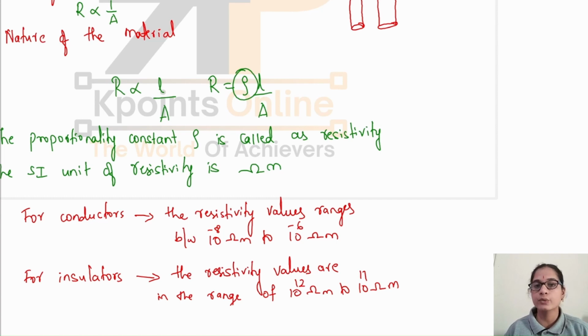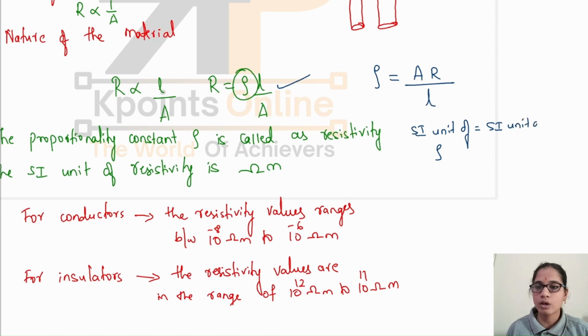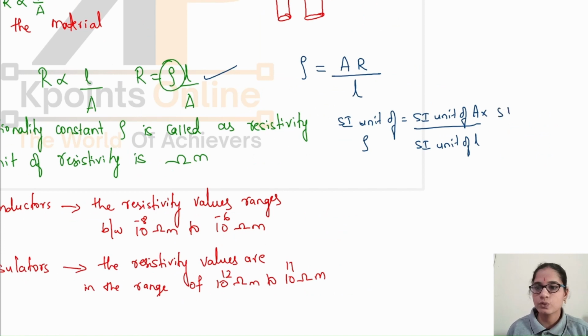And how do we get the SI unit of this resistivity? We know that resistance is given by this formula. We can take rho and write the equation as A into R divided by L. SI unit of rho is equal to SI unit of A divided by SI unit of L into SI unit of resistance.